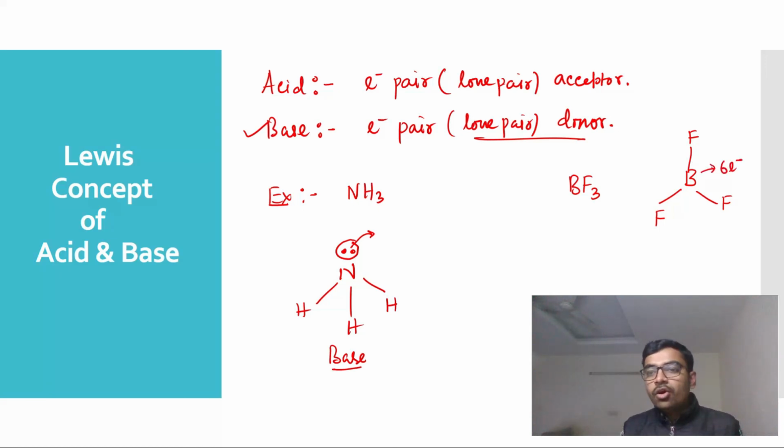That means the octet of this boron atom is not completed, so it is an electron deficient species, so it can easily accept a lone pair from any other molecule, so it acts as a lone pair or electron pair acceptor. That means it is a Lewis acid. Clear? So these are the 3 concepts of acid and base. I think it is clear to all.